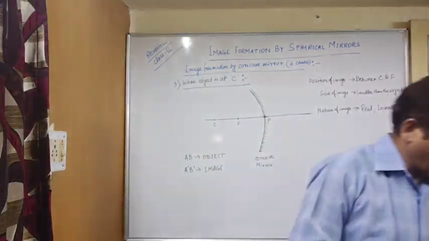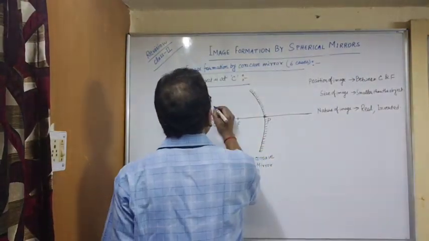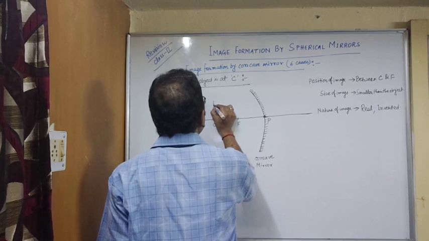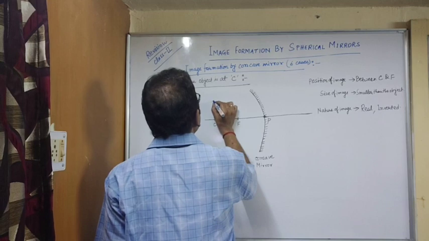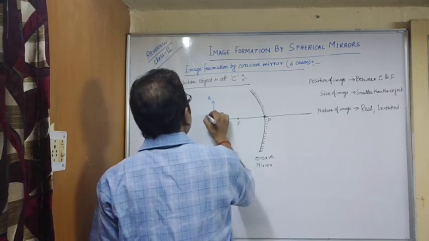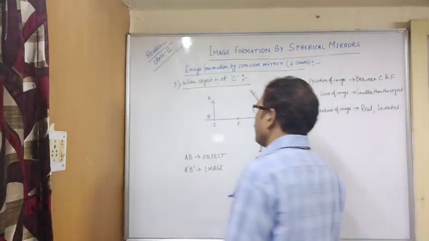Now we will place object at point C. So let AB be the object. AB is the object. We have placed this object at point C.